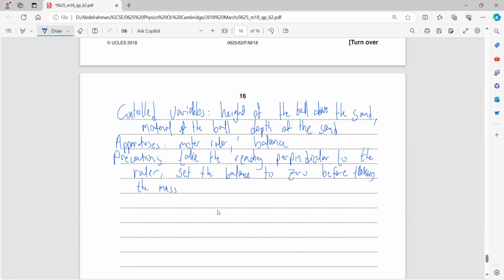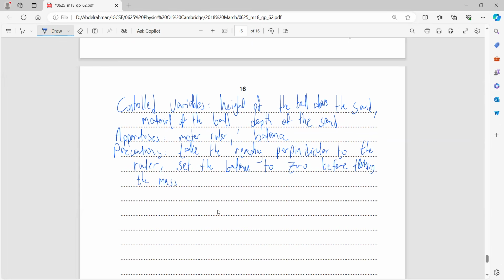What's the method I will be conducting? It's a very simple method. For each mass of the balls, drop the ball from a certain height.